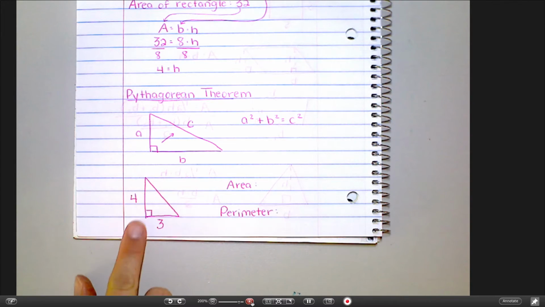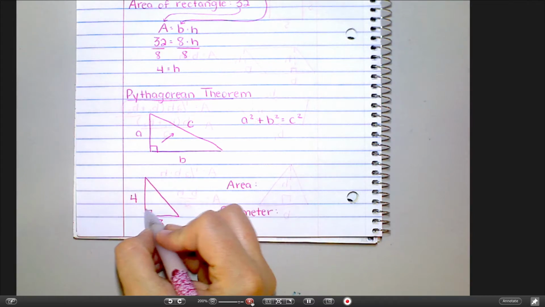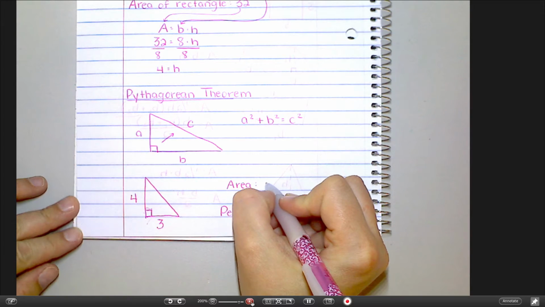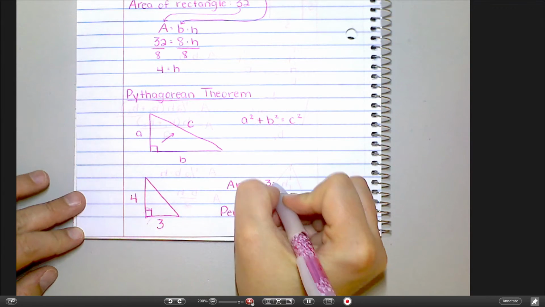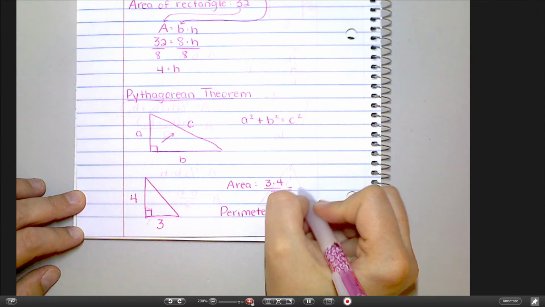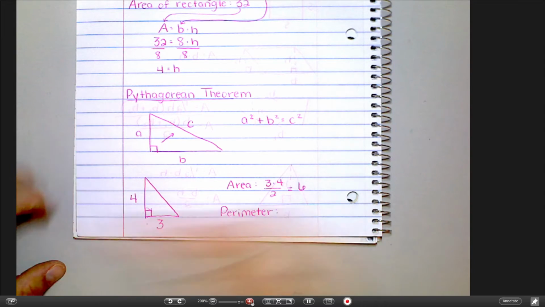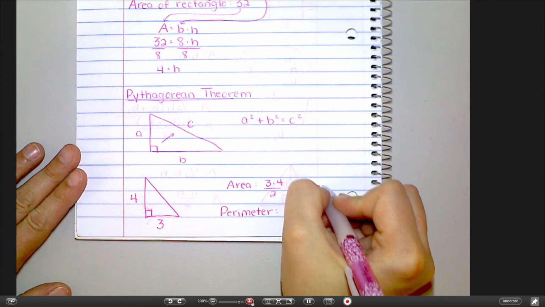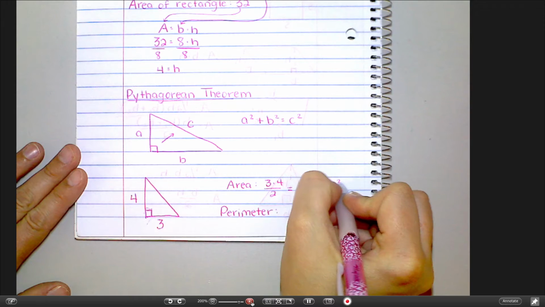Okay, so in this triangle, which ones are the base and the height? The 3 is the base and the 4 is the height, right? Because there's your right angle. So for area, I would just do 3 times 4 divided by 2, base times height divided by 2, and I get 6, right? Okay. And remember, we label these units as square units.